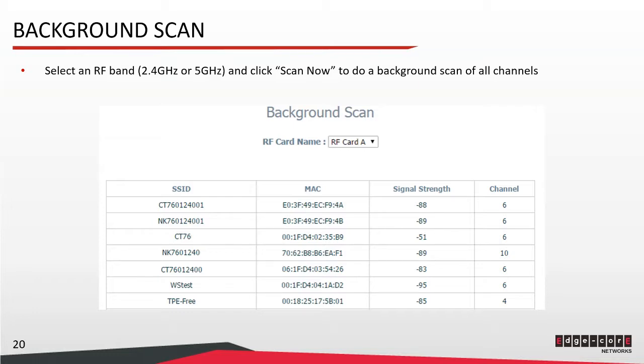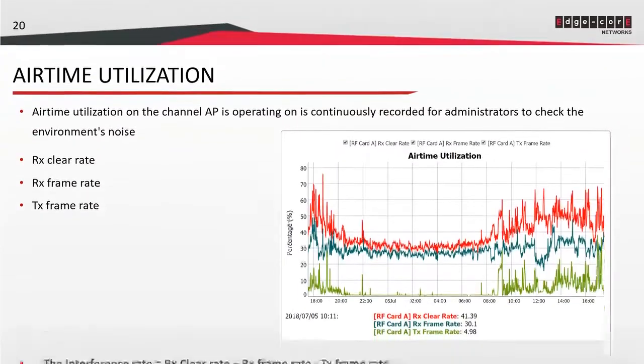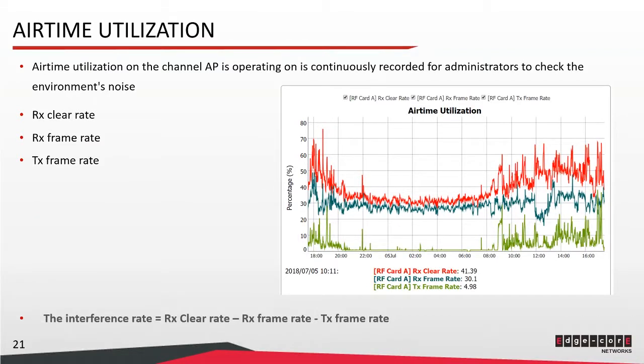Another tool that we would recommend using is airtime utilization diagrams. The airtime utilization diagram can help you understand how much noise is there in the environment. We have the RX clear rate, the RX frame rate, and the TX frame rate. The first one, RX clear rate, is the percentage of the airtime the current channel is using.